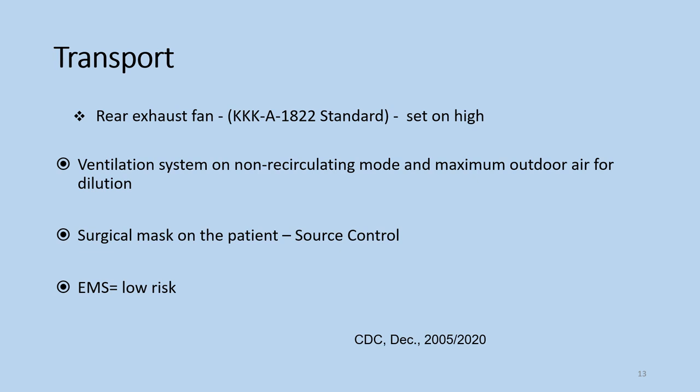When that is turned on, the air in the back of your vehicle is completely exchanged out a minimum of every 2 minutes. If your vehicle does not, for some reason, have an exhaust fan or it isn't functioning, then you can put the heat or air conditioning on the non-recirculating mode. And as always, we want to put a surgical mask on the patient. Source control.